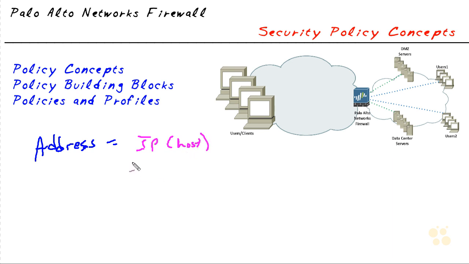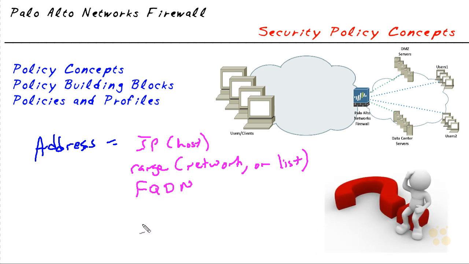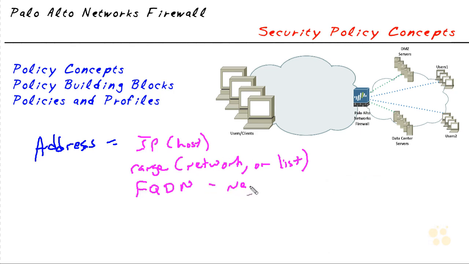It could be set as a range, so really a network, or list. Or it could be set as an FQDN. Remember what that is? Fully qualified domain name. Now, obviously, if I'm doing an FQDN, I need DNS configured. I've got to have that. So there'll be lookups, maybe a little bit of delay in there, but it will update specifics based on that DNS information.